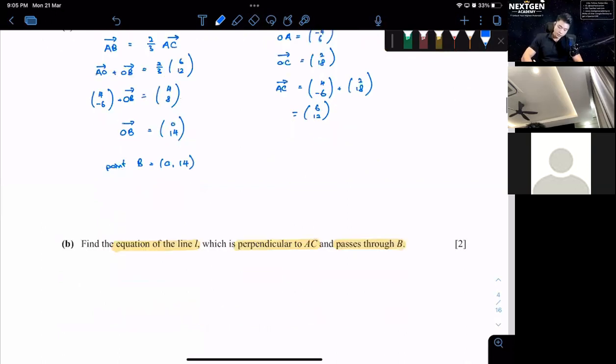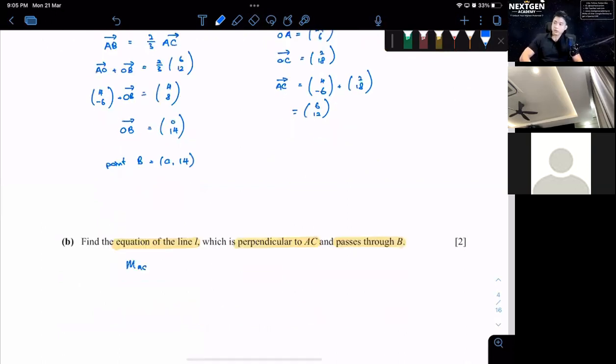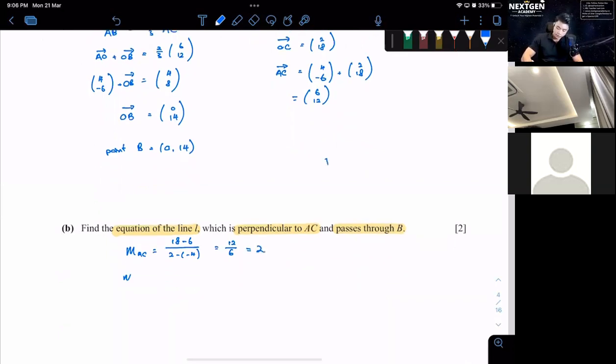So gradient of AC: y2 minus y1, 18 minus 6 over 2 minus -4, which is 12 over 6 equals 2. Then m perpendicular will be negative 1/2.